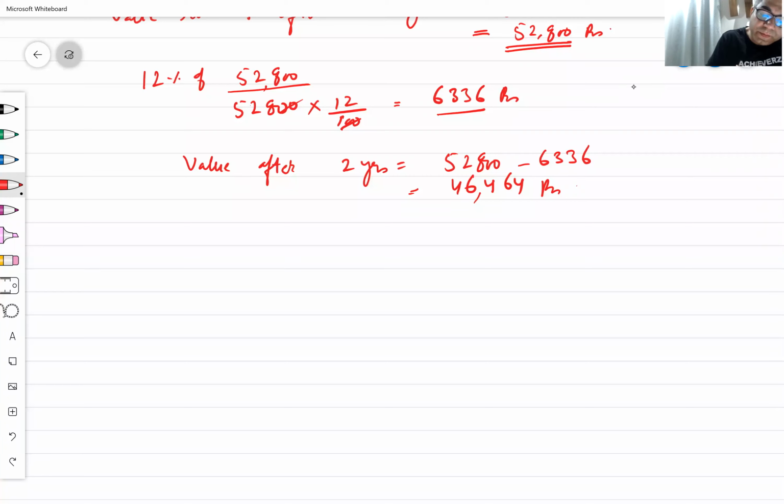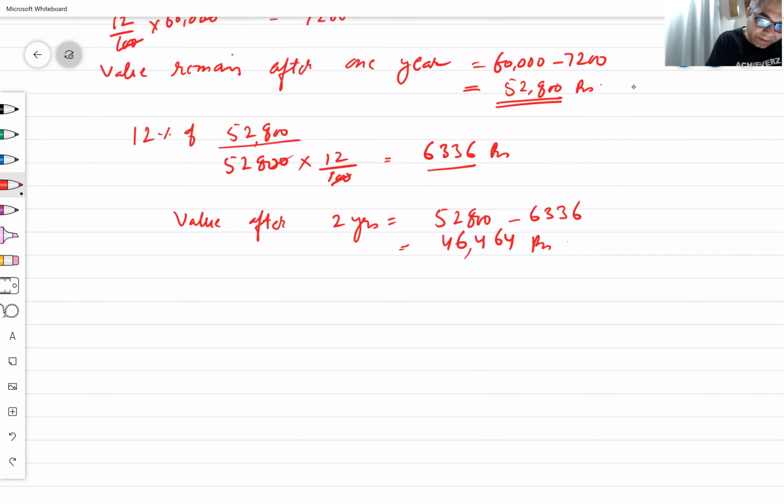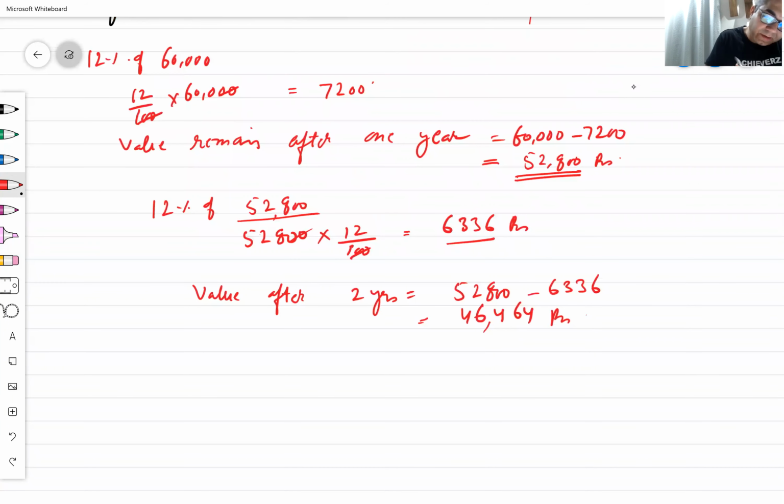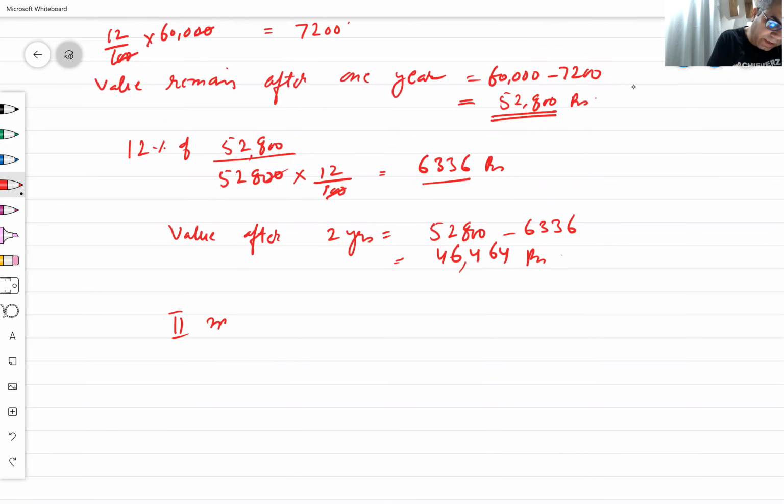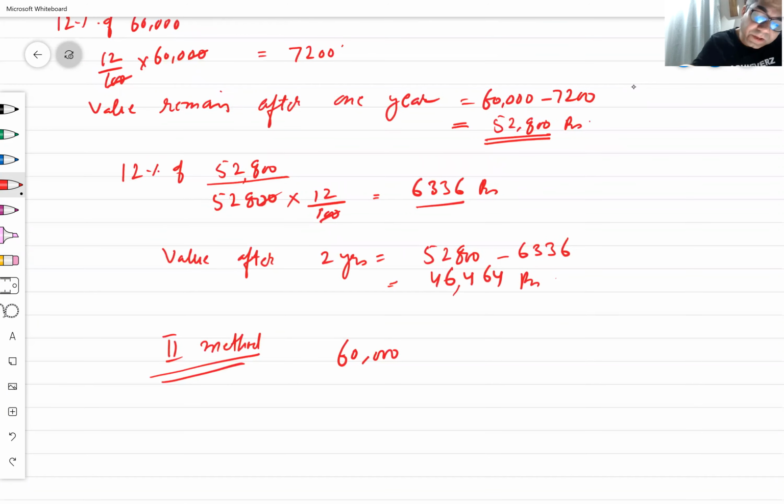Now, the another way would be, what is happening? After 1 year, you have initially the value, second method I am talking about. It will involve a little more calculation, that means more multiplication, right? Second method. You had 60,000 rupees. So now after depreciation of 12%, how much is left? This is 88%.